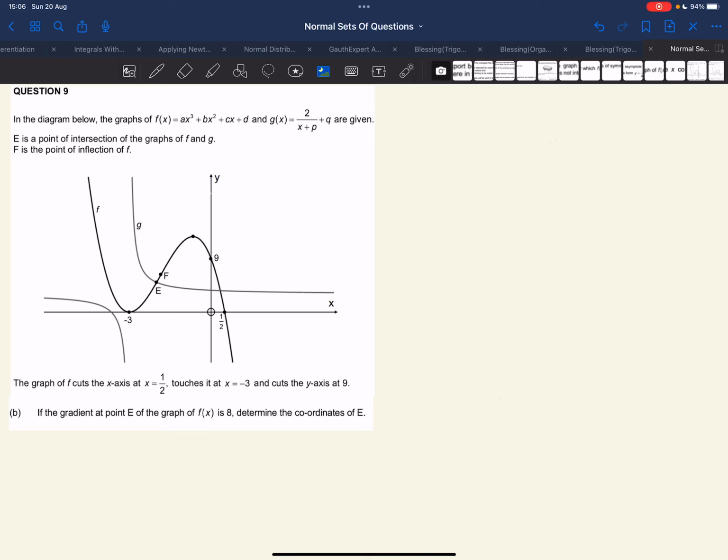Okay, right. So in question B, they say that if the gradient at point E of the graph of f of x is 8, determine the coordinates of E. Now, can you see that here we were only given the functions of f of x and g of x? There is nowhere where we see a straight line. So basically what this question is implying is that there's actually a tangent happening there at E here.